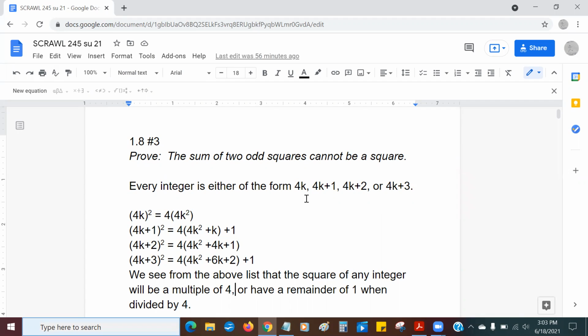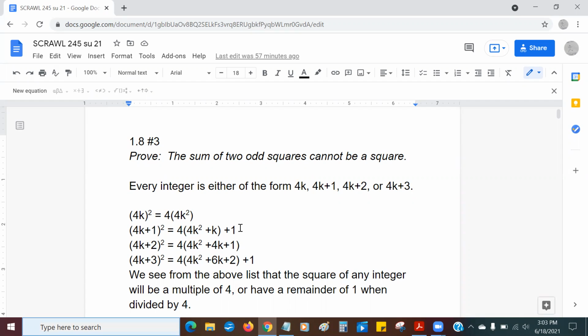So let's see what happens when you square these 4 different forms. When you square 4k, you get, and I rewrote this in a way that's convenient for me, 4 times 4k squared. Why did I write it this weird way? Well, you'll see my point. When you square 4k plus 1, you get 4 times (4k squared plus k) plus 1 at the end.